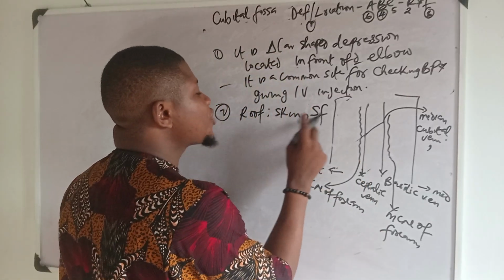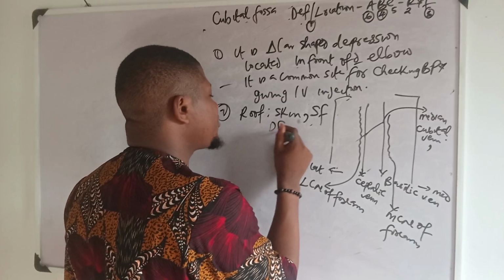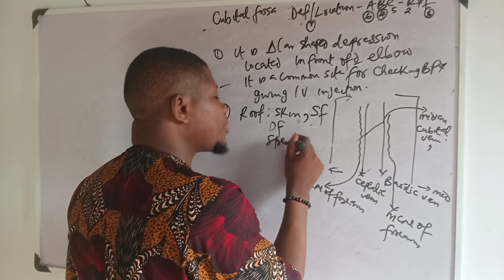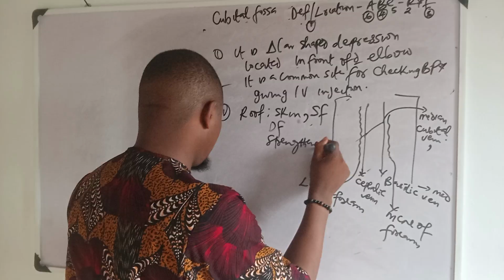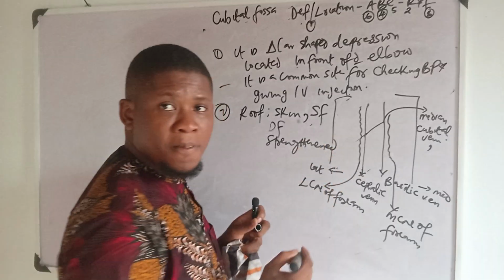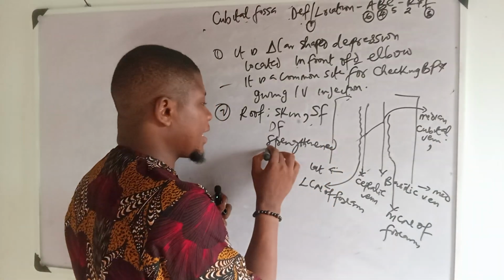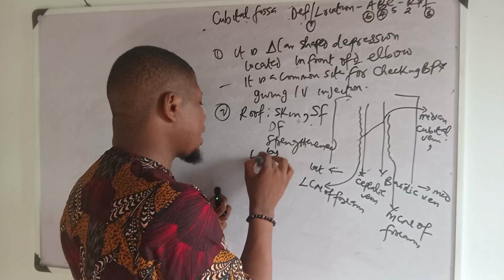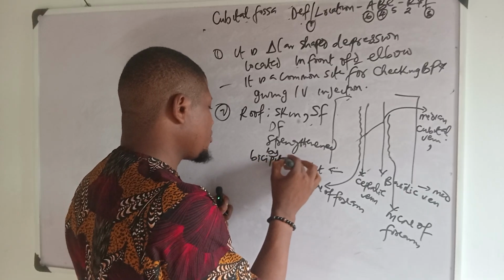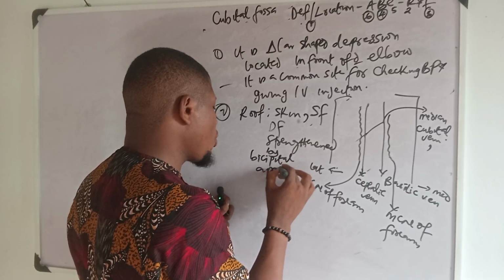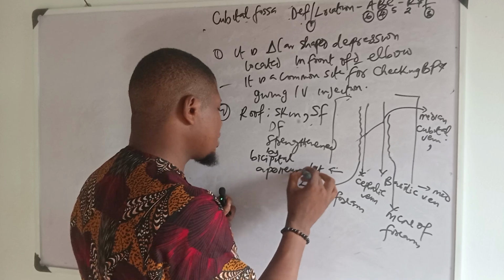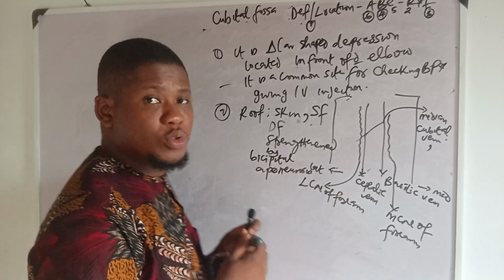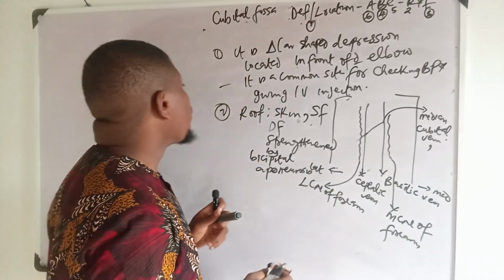Then after the skin and superficial fascia, the next one is deep fascia, strengthened by bicipital aponeurosis. So this is all you have to know about the roof.